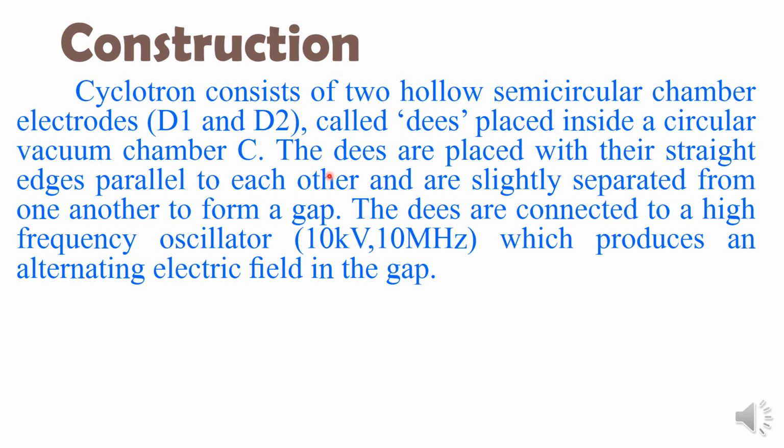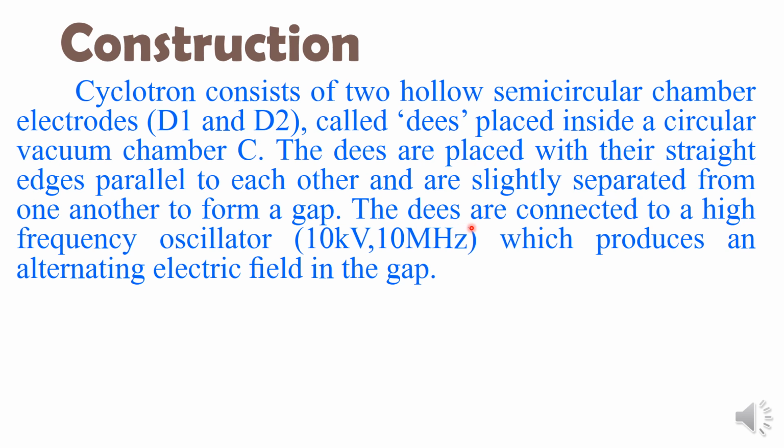These two electrodes are placed in such a way that their straight edges are parallel to each other, and they are separated slightly from one another to form a gap. That means we have to arrange these two Ds such that their straight edges face one another and they are slightly separated from each other, so that a gap is created between the two electrodes.